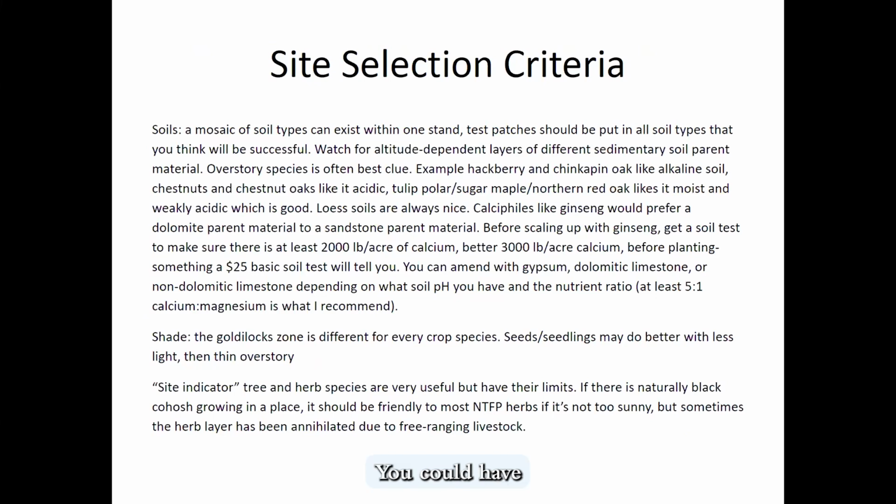You could have sandy loam on part of it, and you could have hard red clay on part of it. Herbs will grow in both, but guess which one they'll grow faster in, assuming there's adequate moisture. The one where their roots can expand rapidly.